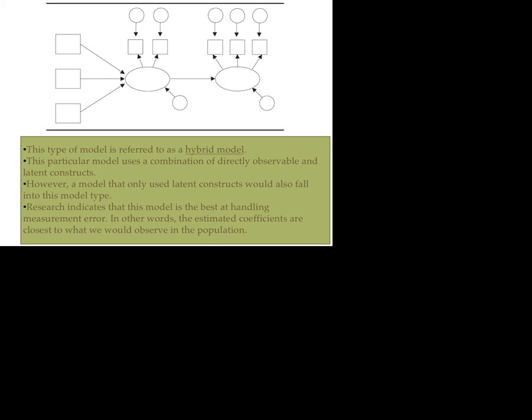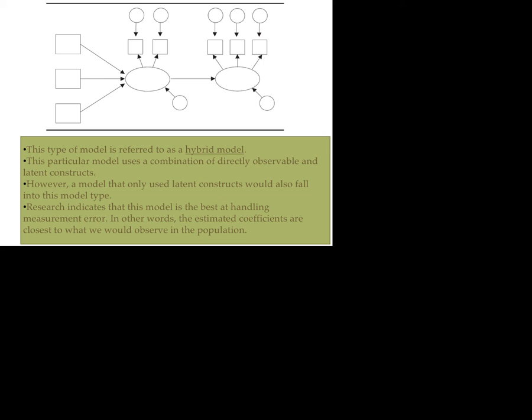And so then the third approach would be a hybrid model. We have some directly observed variables here that are all exogenous. And then we have this endogenous latent variable that is made up of these two items, plus this one. And then this also endogenous variable that's measured by these three observed variables.